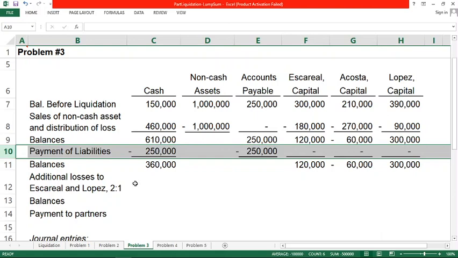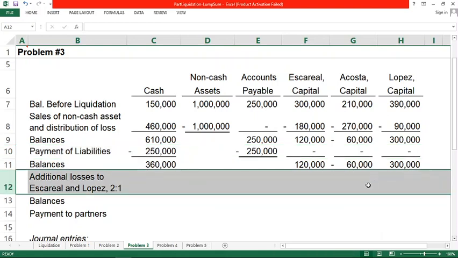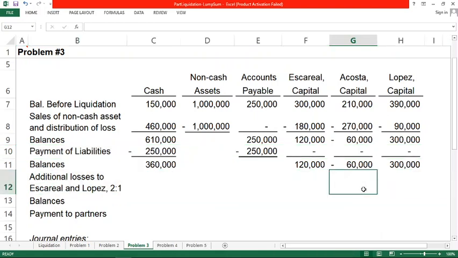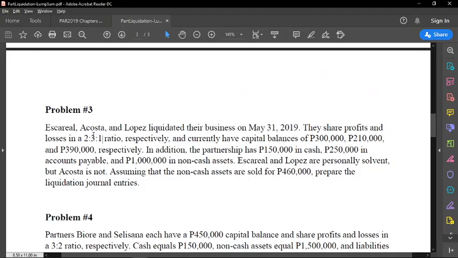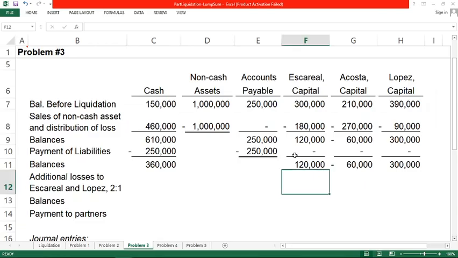So, let us proceed here. Additional losses. So, sabi ni Acosta, kayo na lang po ang mag-share sa loss ko dahil hindi ko na siya kaya bayaran. So, balikan natin ang profit and loss ratio. You have here 2:3:1, but nawala na si Acosta, magiging 2:1 na lang yan, kasi hindi na siya makikishare. Tama? So that's 2:1. Therefore, negative 60 times 2/3, 2/3 ang i-carry ni Iscarial according to their 2:1 ratio.